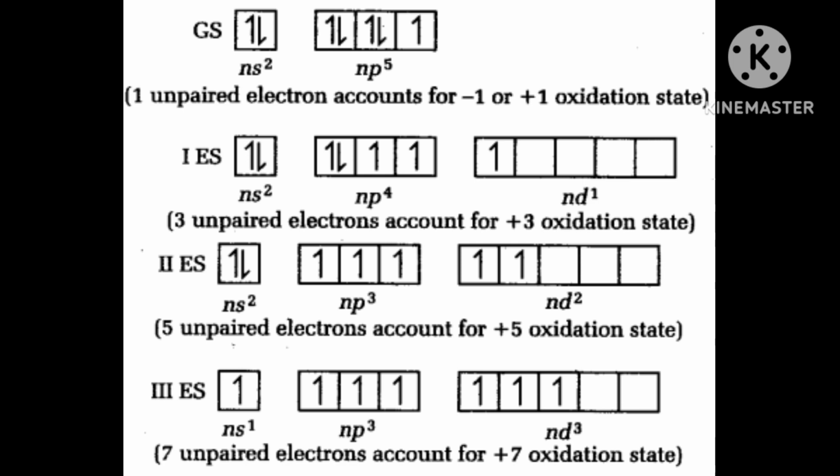In p, 3 orbitals all have 1, and the 2 d orbitals have single, single. Means all 5 have a single electron. Now 5 unpaired electrons account for the +5 oxidation state.